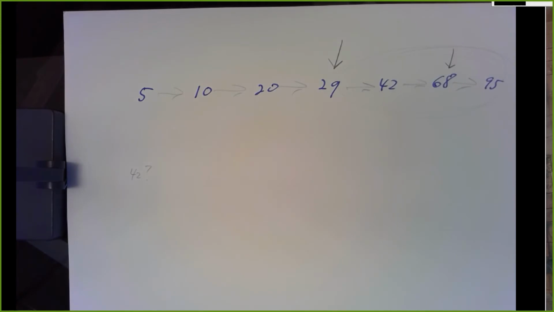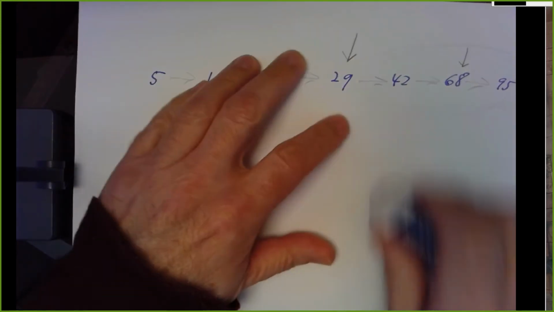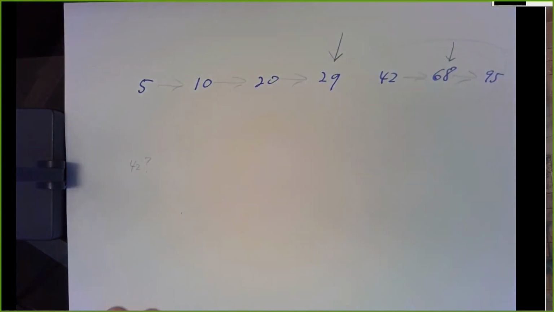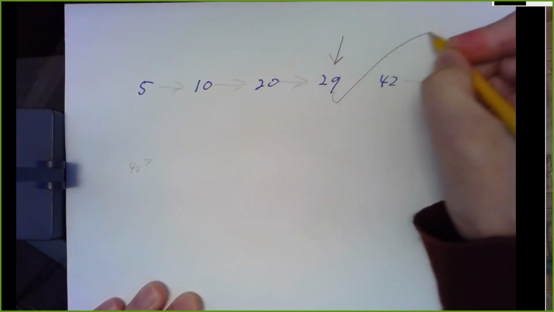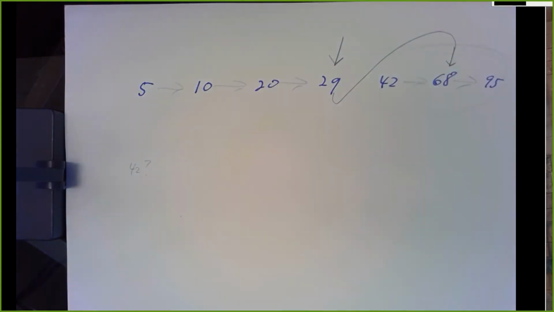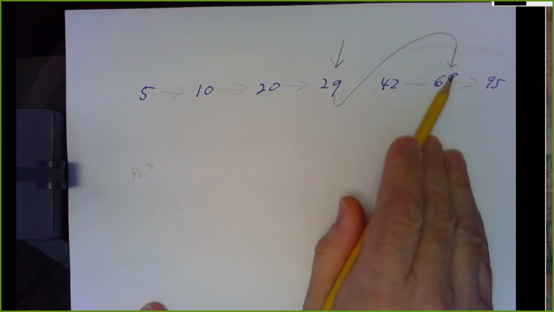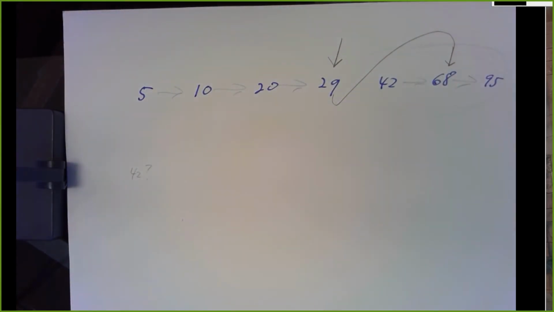Well, how are we going to find that? Instead of having the 29 point to a 42, let's have the 29 point to the middle of the list on the right. So we're changing that next field, and instead of pointing to the next node in the list, we're going to point to the middle node in the right sublist.